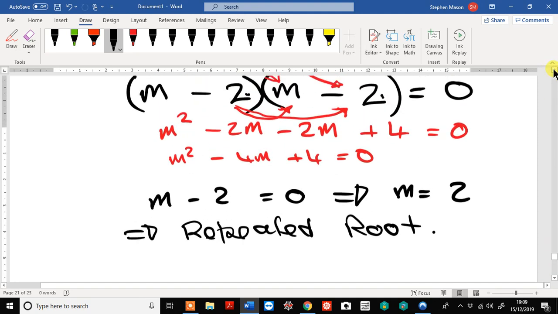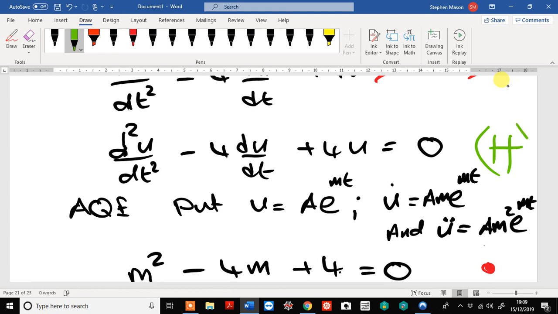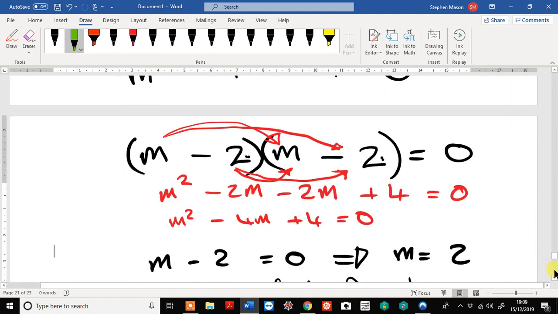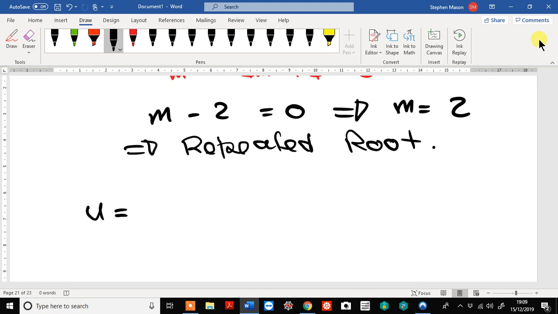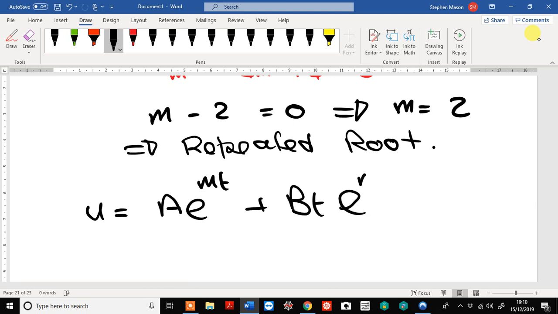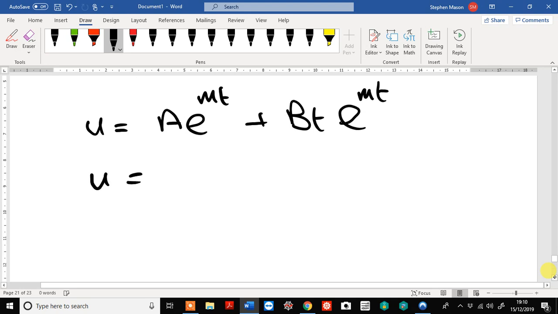Now the solution to our differential equation in u, which I'll denote as dagger dagger, is of the form, we'll actually write it out. u is equal to a e to the mt plus b t e to the mt. Well, we know that m is 2, so we've got u equals a e to the 2t plus b t e to the 2t.